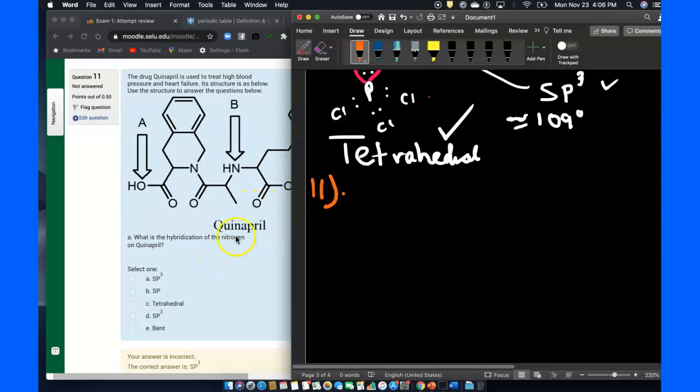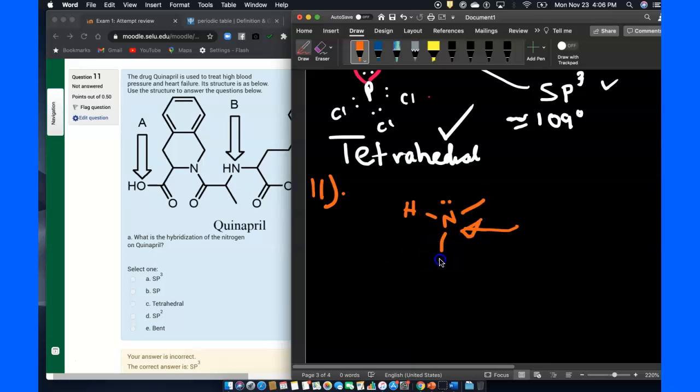If you look at it closely, you will find out that there are 3 bonds. So let's zoom in on the nitrogen. There's a hydrogen, and for this to be an octet, there must be an implied lone pair. That was the catch. So the question is to determine hybridization.